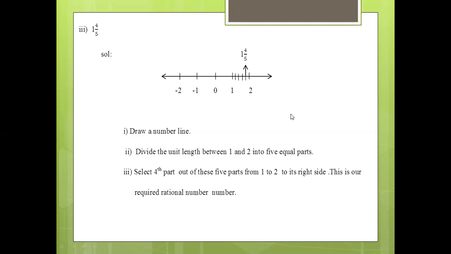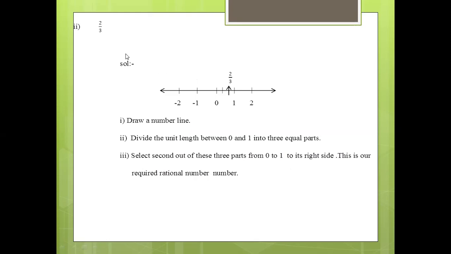If you check the second part, in the second part you have been given 2 over 3. So 2 over 3 means that when you divide 2 by 3 you get 0.6 something. So the unit length you will take is from 0 to 1, and you divide 0 to 1 into three equal parts because the denominator is 3.